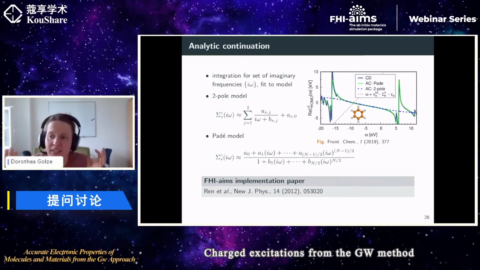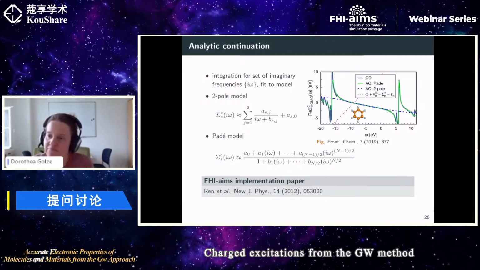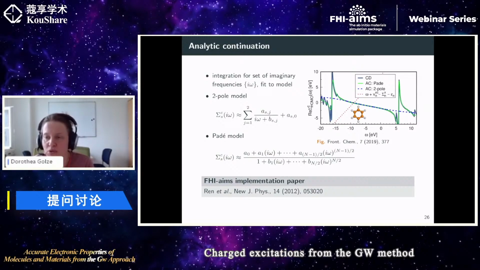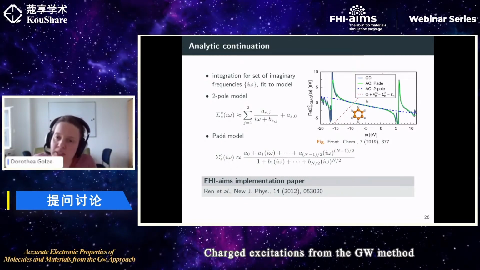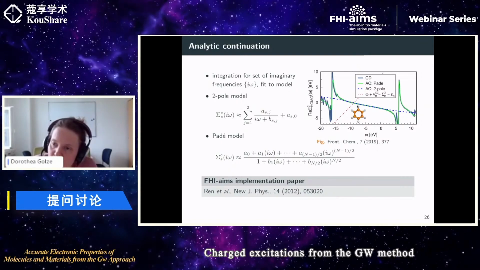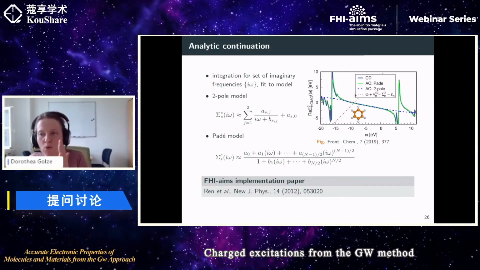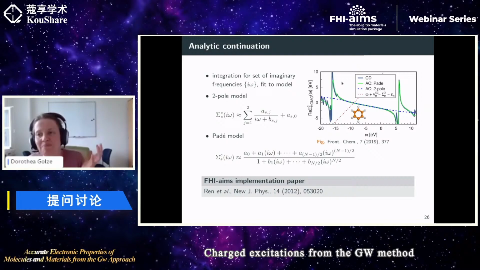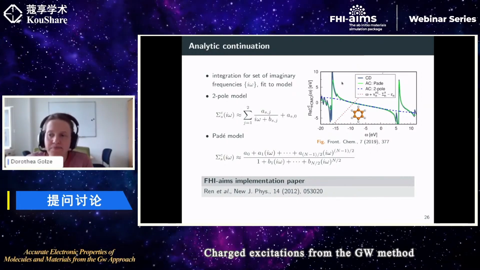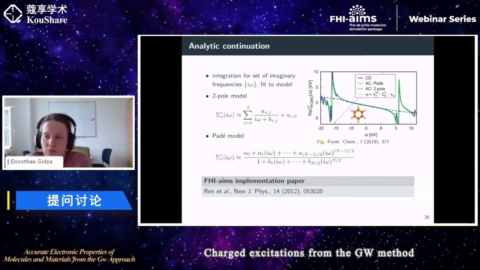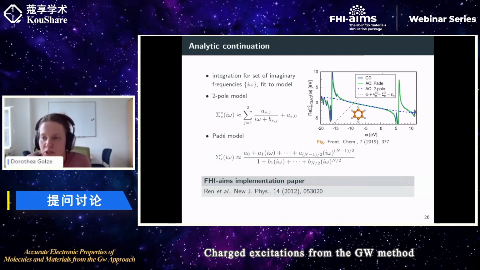But for valence states it's usually fine, and then I would use Padé if available. The 2-pole model, as you see here, is not bad, right? It still averages through it. It's more that if your pole is too close by, you could deviate more. And contour deformation is really stable, so there's no issue at all.